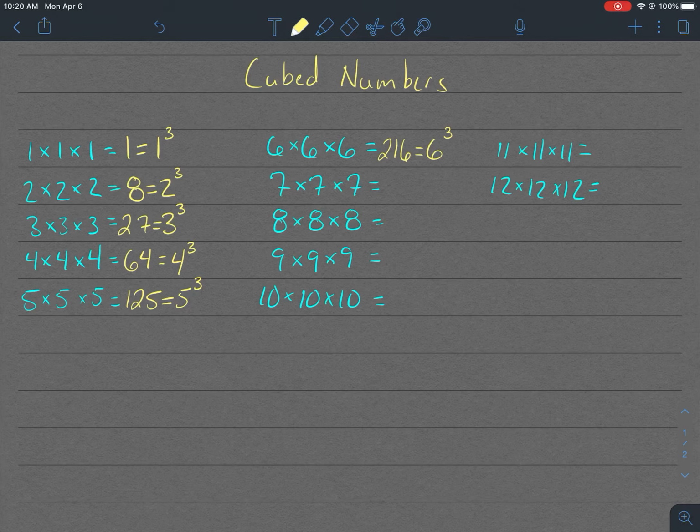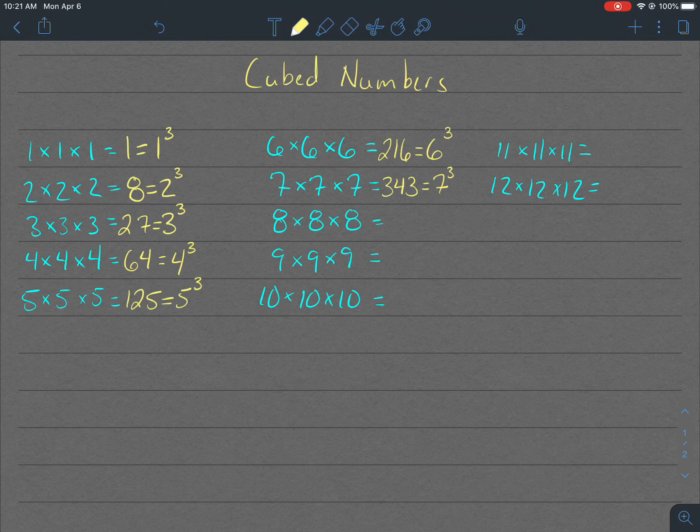Okay, let's keep going. 7 times 7 times 7. 7 times 7 is 49. Multiply 49 by 7, you're going to get 343, which is equal to 7 cubed.